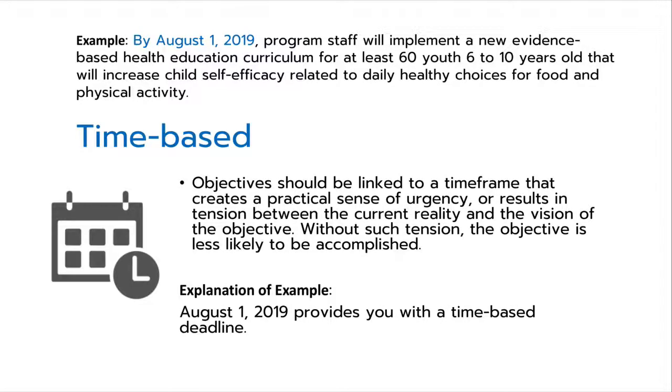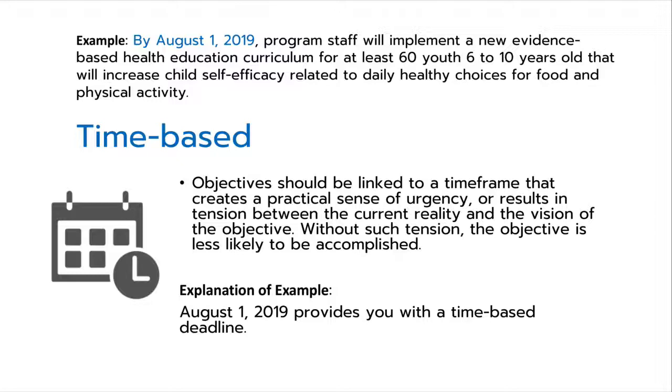So when we go to our last component of the SMART model, we see that it's time-based. In this case, we want our objectives to be linked to a time frame. Not just any time frame. This time frame should help us have a sense of urgency, but also be likely to be accomplished.